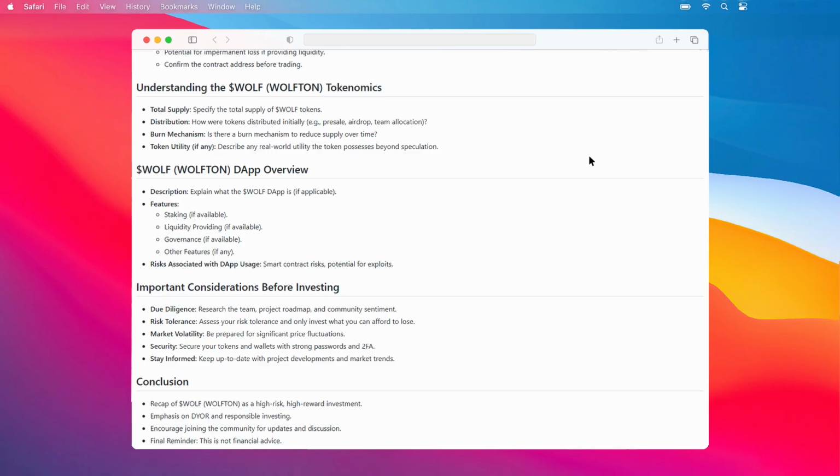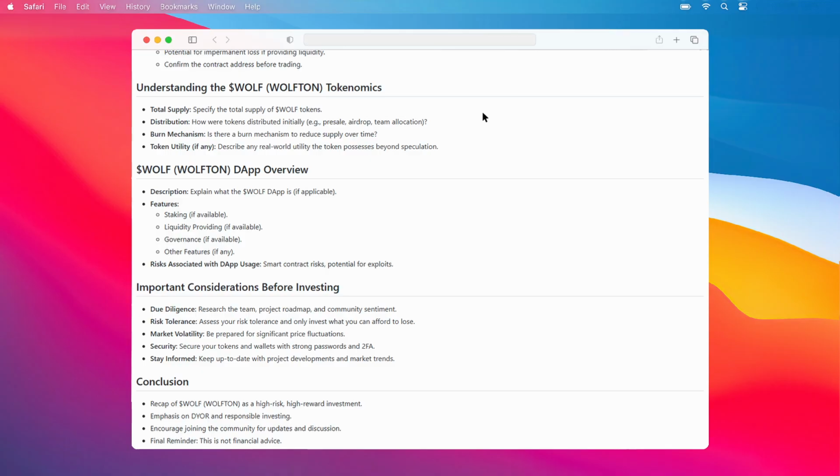Here's a recent overview of the $WLF or Wolfton DApp. We'll start with a description of what exactly the DApp entails, and then move on to explore its key features. These features might include staking mechanisms, allowing you to lock up your tokens for rewards, opportunities to provide liquidity to the market, contributing to the trading pool, and perhaps even governance participation, giving you a voice in the project's future direction.